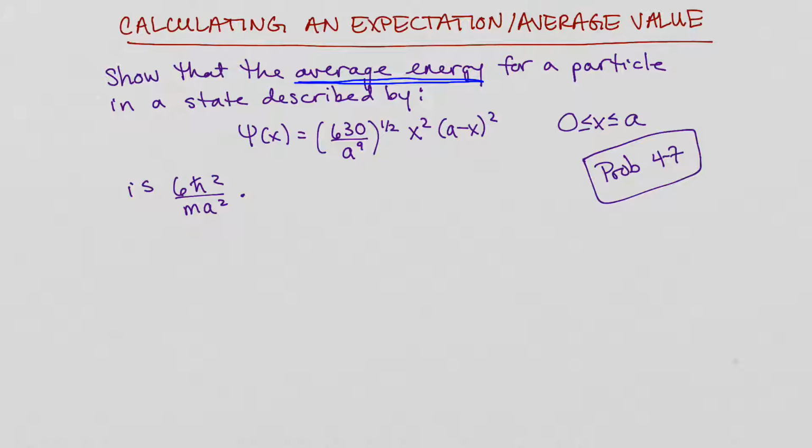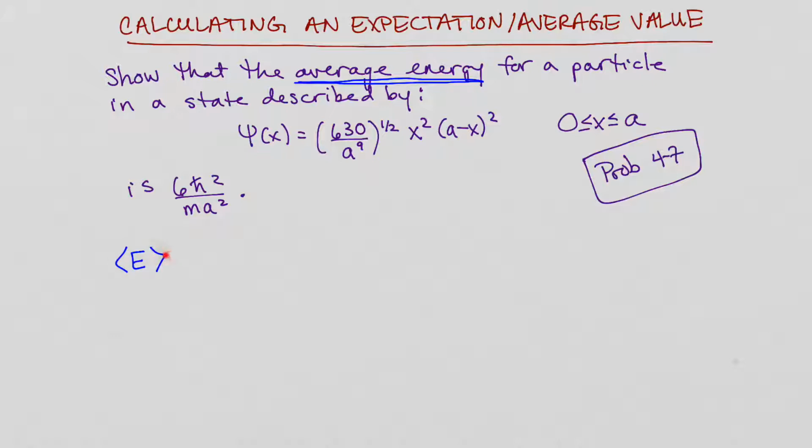So we know that the expression for calculating the average of a quantity is a standard expression. If we want to calculate the average energy of this particular state, we denote that with our observable quantity, and then these brackets around that just indicate that we're calculating the average value.